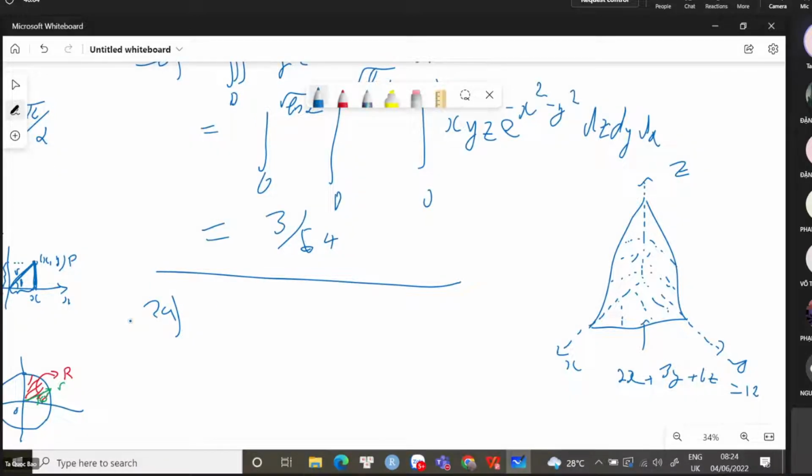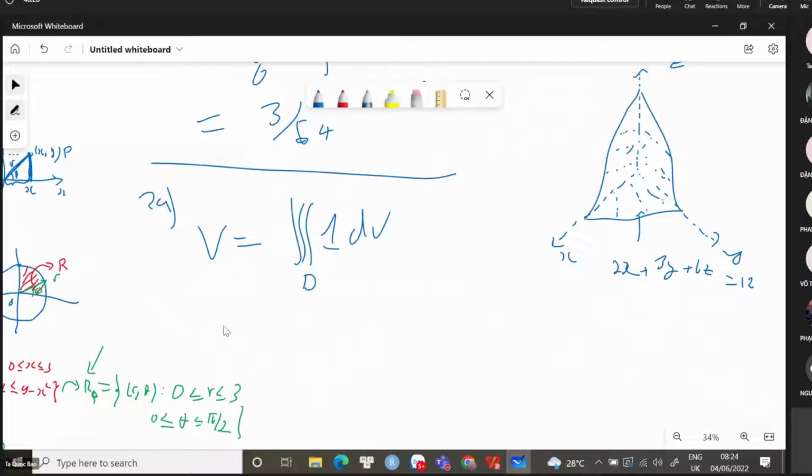So now the volume V is equal to the integral on D of 1, our function is now 1 dV. Okay, so we get this is the volume of the region D.